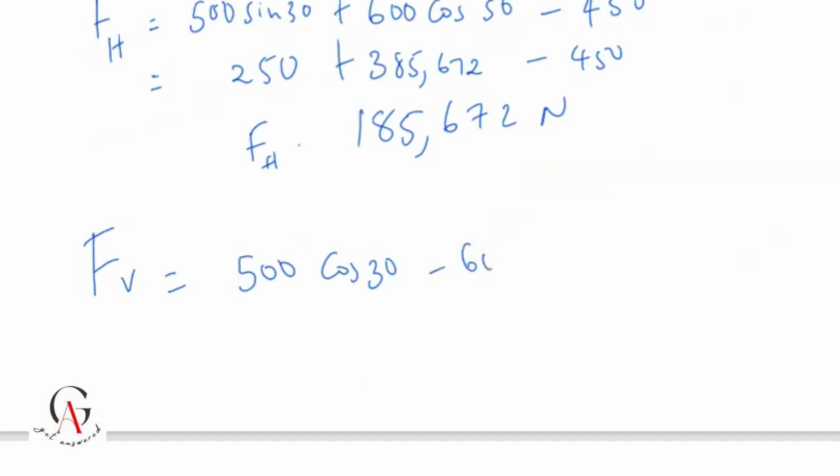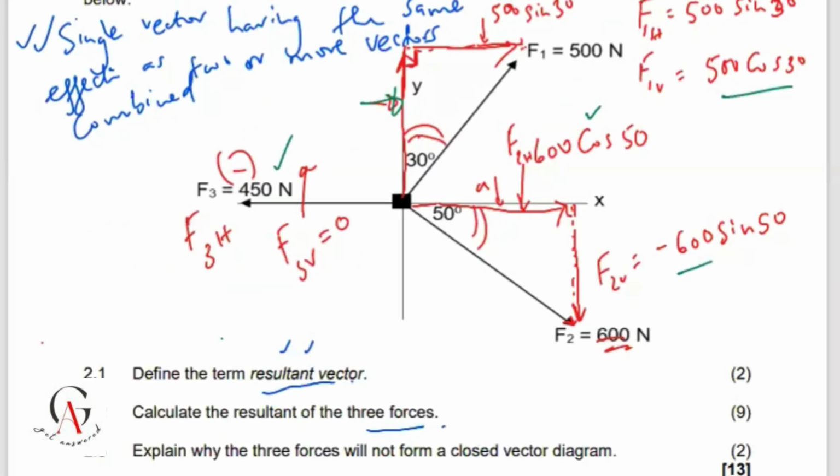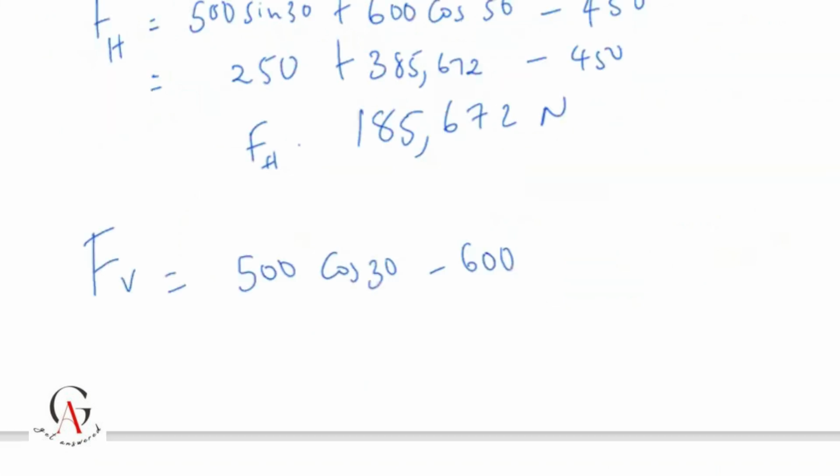So minus 600 sine of 50. Okay, then when I simplify this, 500 cos of 30 is going to give me 433.013. And then 600 we're having sine of 50.